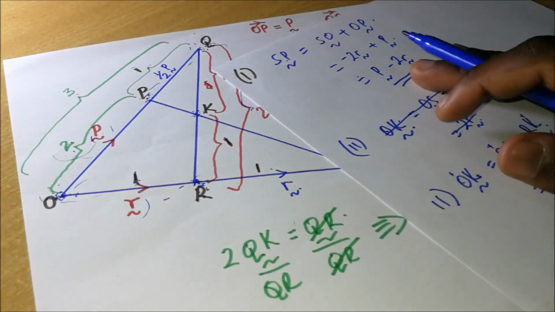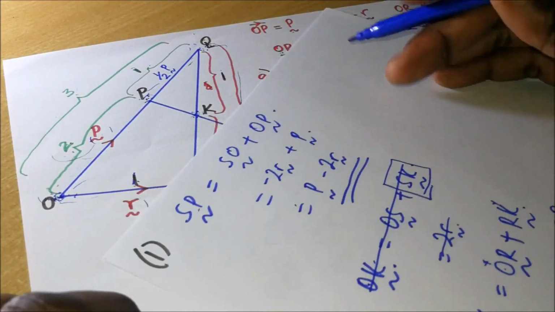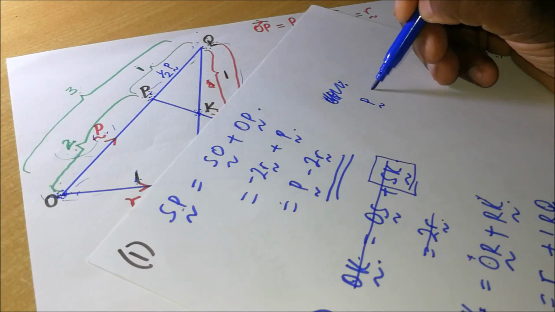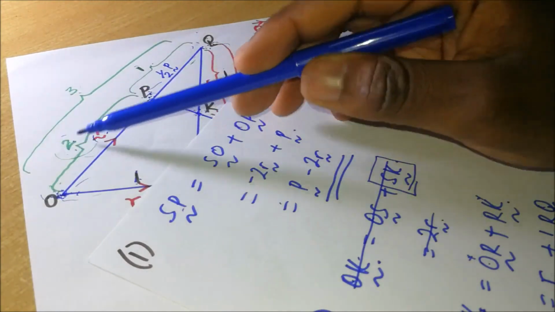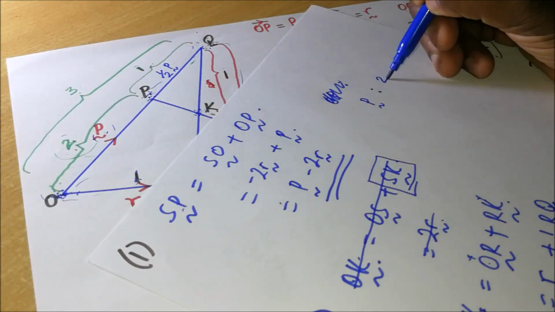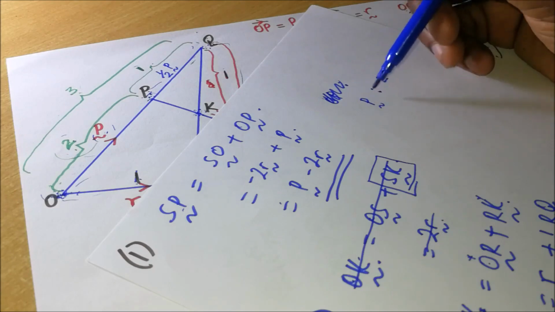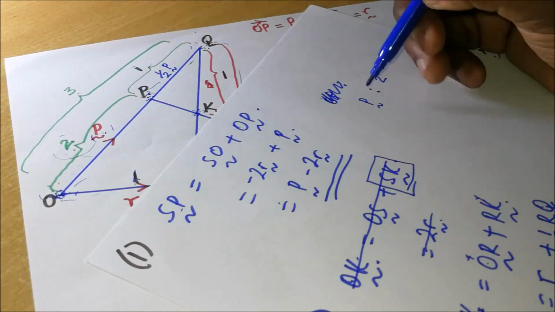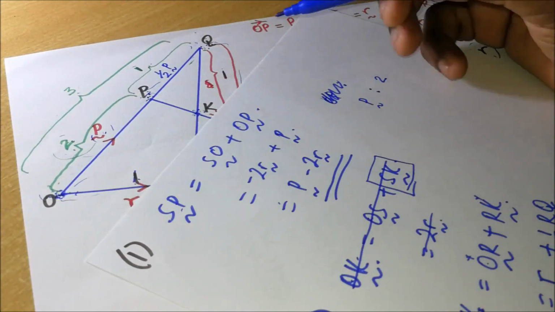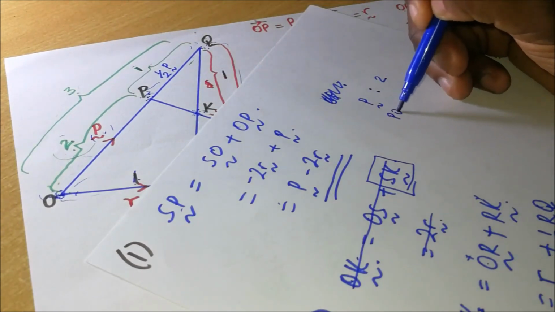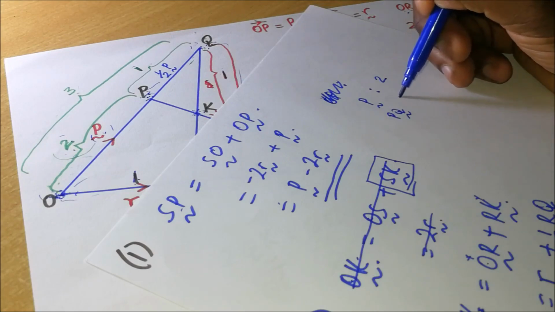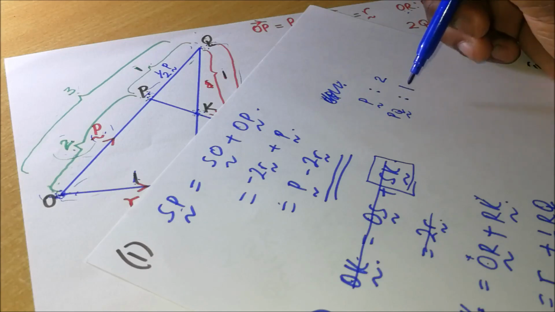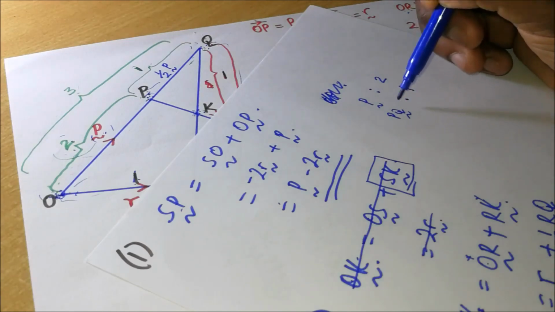Now, for those of you that are still confused on how I got a half, let me do some small working on the side here. O to P is P, and that P is equivalent to 2 parts. So if P is equivalent to 2 parts, what about PQ? If PQ is equivalent to 1 part, we want to find PQ now.